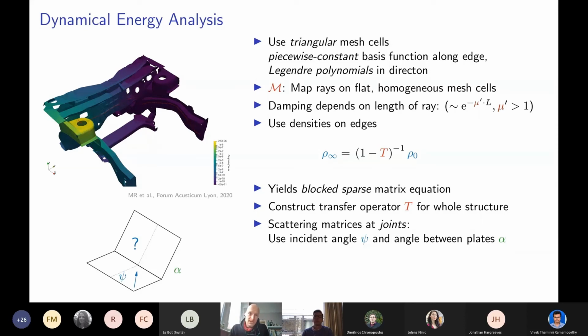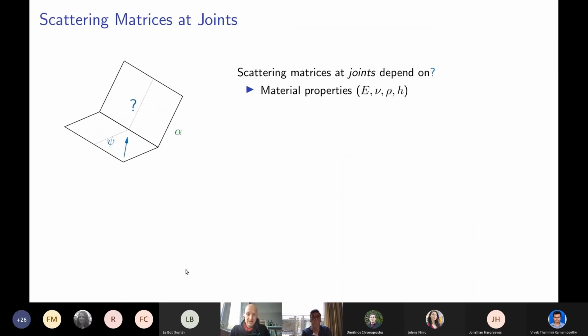We consider FEM meshes to be locally flat in each triangle, because that's what the model basically is, but then curvature comes into play where two plates or two shell elements are connected with a finite angle alpha between them. Now, what happens at an angle alpha between two plates?